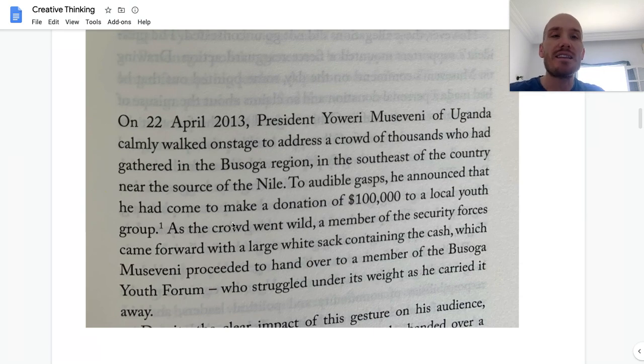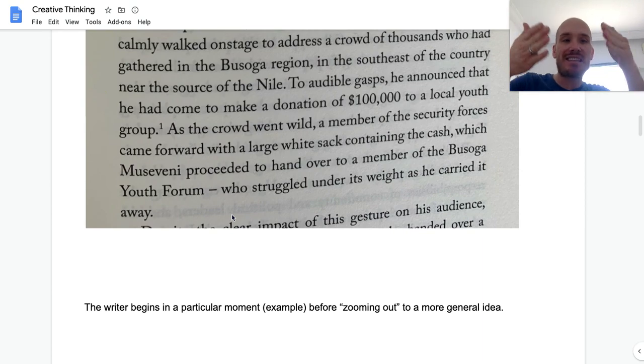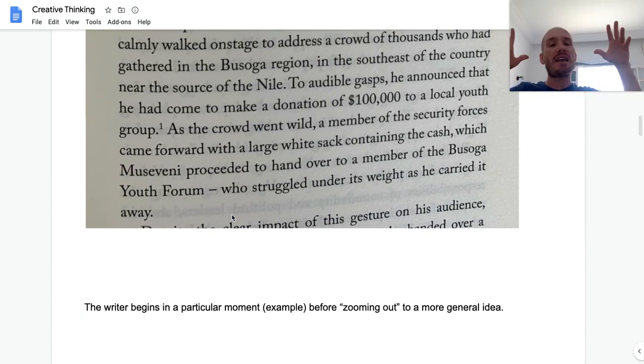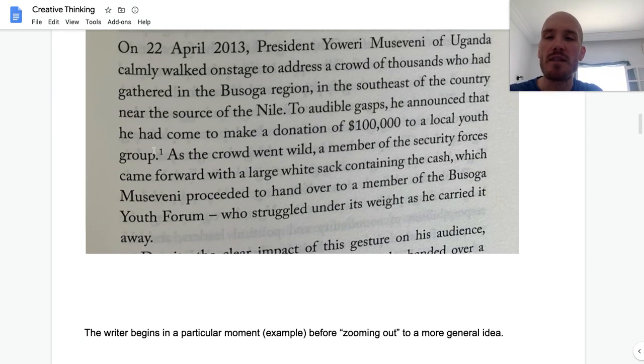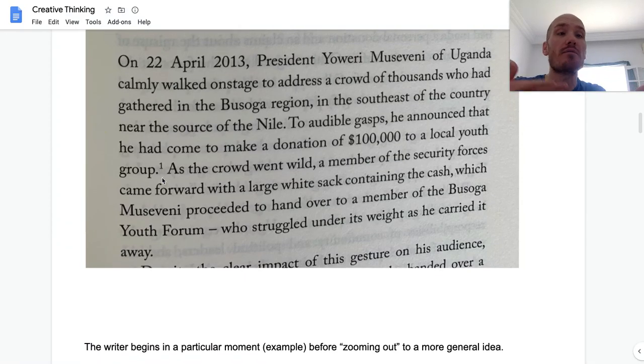So the big thing I want you to notice here is that the writer begins in a particular moment, a particular example, before zooming out to a more general idea, which will be developed. You notice this footnote here too, right? These are academics, so these writers were not there as this happened.